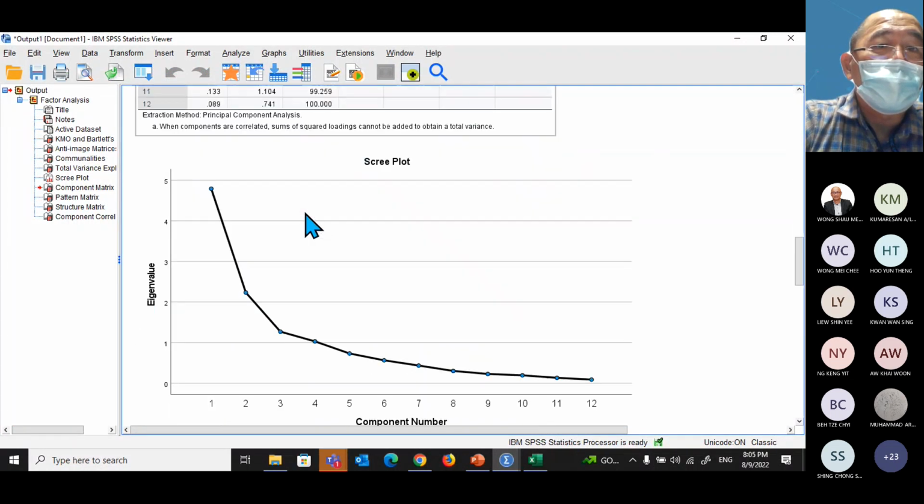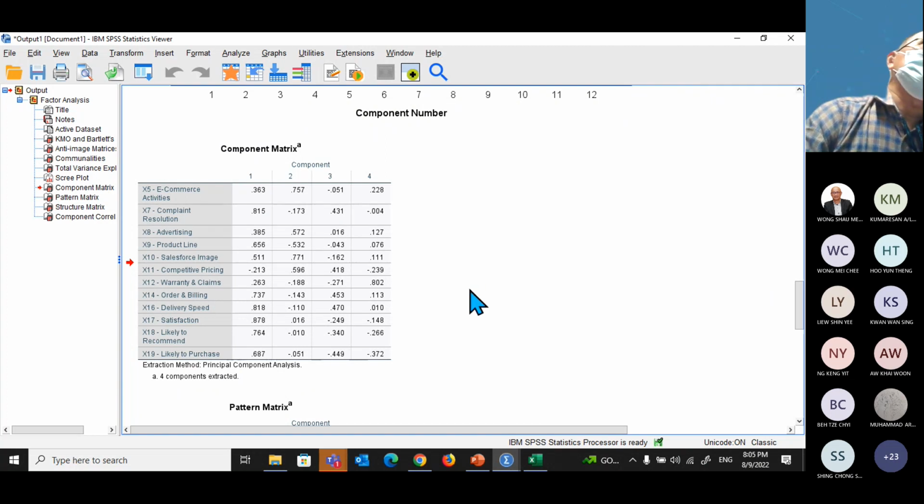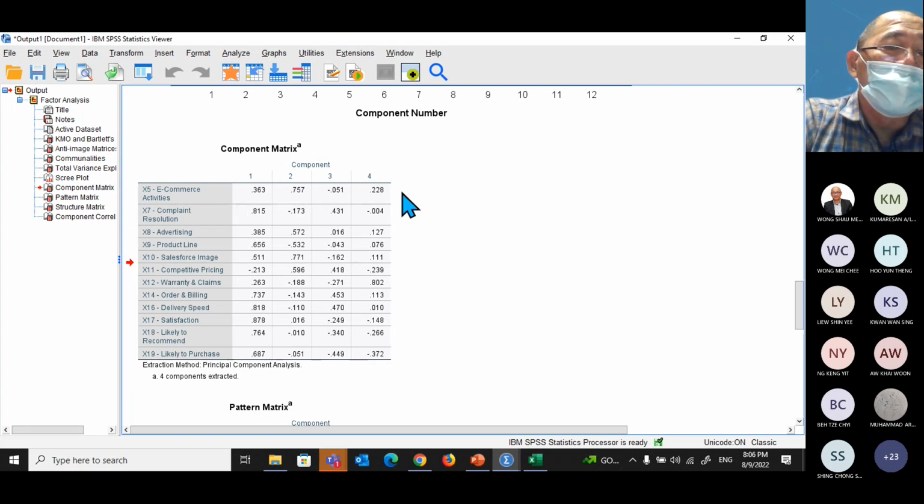In general, you can use 0.6 and above, considered important. Example, x5 should belong to factor 2 because it is 0.75 here, but the rest is small.